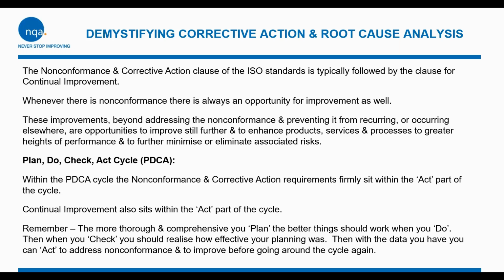So remember, the more thoroughly and comprehensively you plan, the better things should work when you do. When you check, you should realize how effective your planning was, and then with the data that you gain, you can act to address non-conformance and to improve before going around the cycle again.